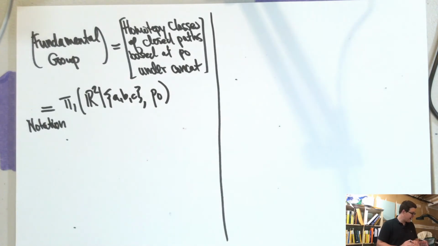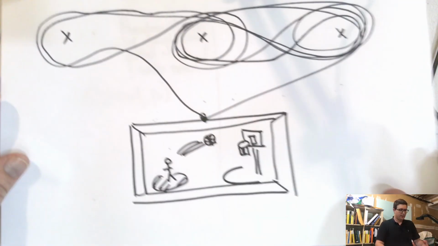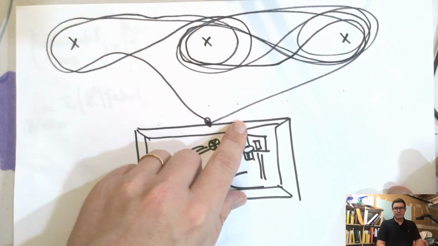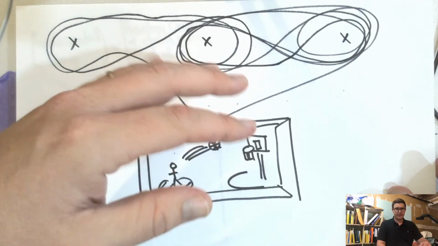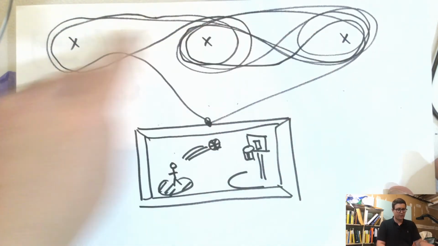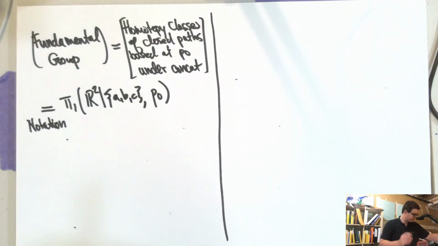Now we can talk about translating the problem. We've described what the fundamental group is. I have this tool, and now I'm going to use it to reformulate this problem. The problem was: how do I hang the picture so that first it hangs, and if I remove any one of these points, it falls, that it'll be 0.